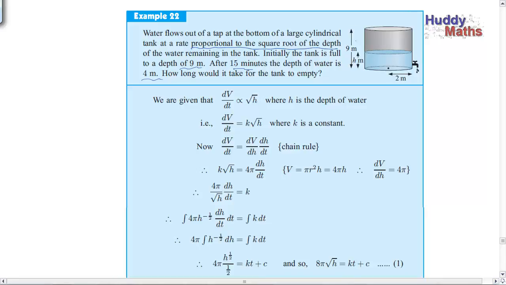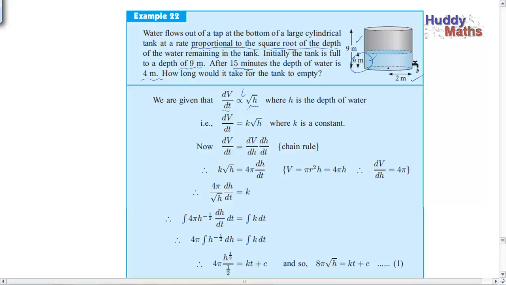So make sure all the information is on the diagram, making sure you use h there as a variable, similar to related rates questions. So what are we given? The rate of change of the volume, that's a proportional sign, is proportional to the square root of the height, or the depth of the water.